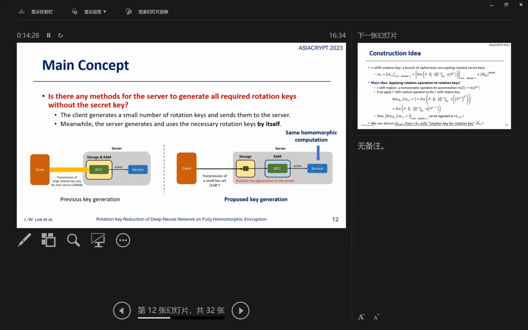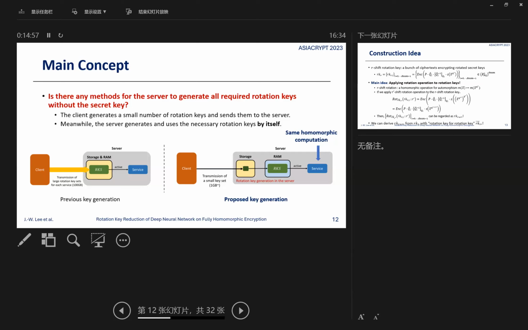So the client generates a small number of rotation keys. These rotation keys will be explained, sent to the server, and the server can generate and use the necessary rotation keys by itself.